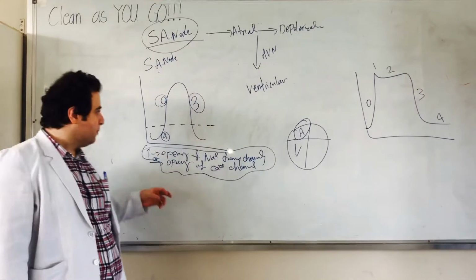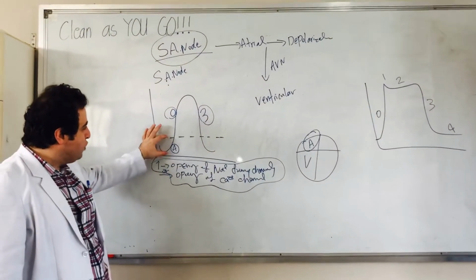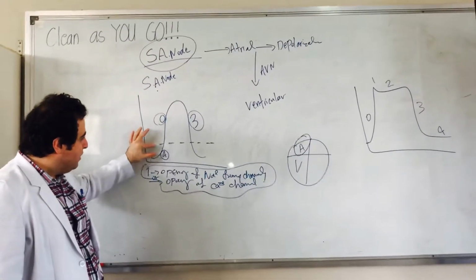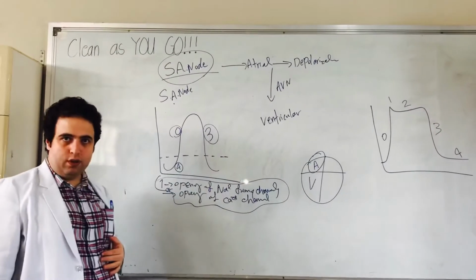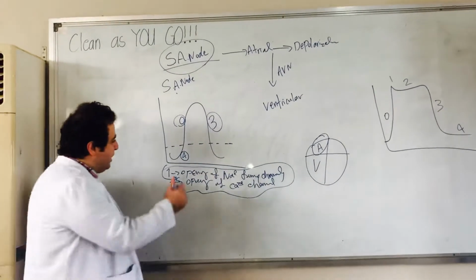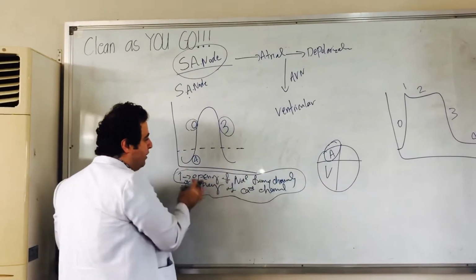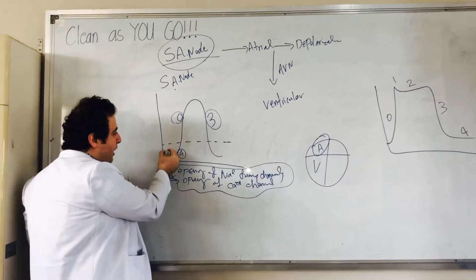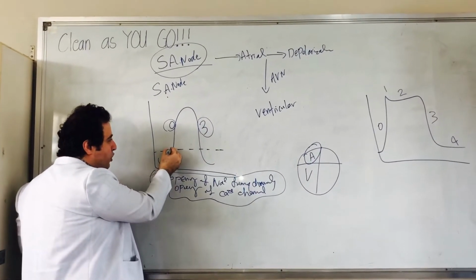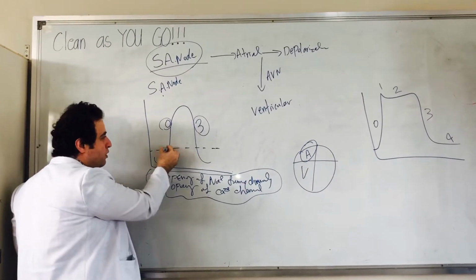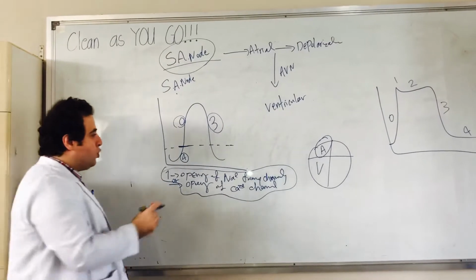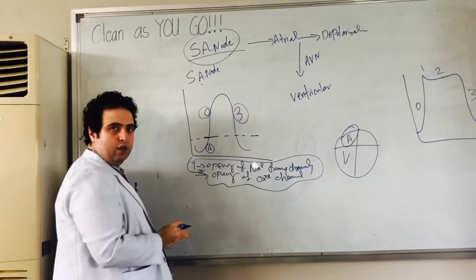Slowly. Okay. So in phase 4, if you remember, this line is known as threshold. When this sodium funny current opens and sodium goes into the cell, it will make this reach the threshold. When it reaches threshold, the sodium funny channel will close.